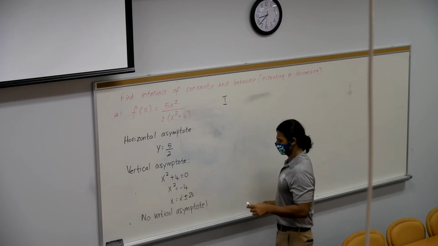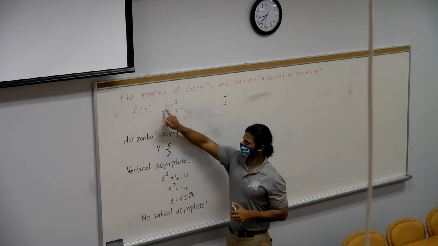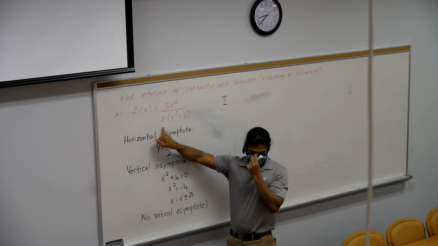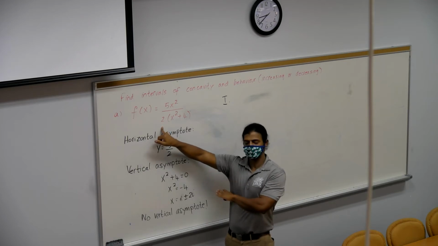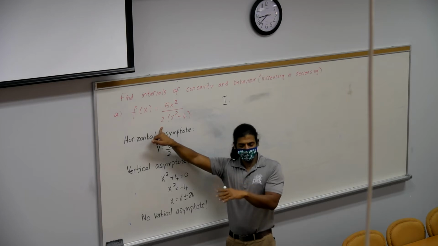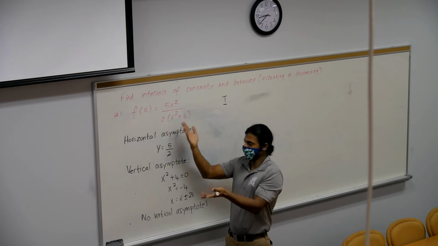I'm going to show you a trick. So we have 5 over 2, right? Both of them are constants. Eventually, since we are setting it equal to 0, they would simply get multiplied by 0, and they're just going to go away.